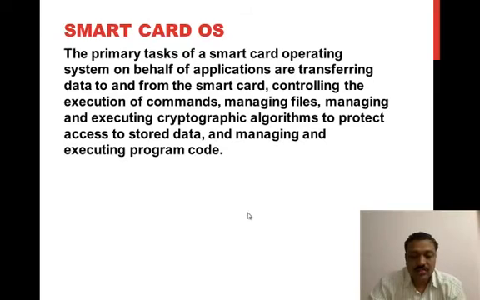So the smart card operating system we have discussed, but the primary task of the smart card operating system on behalf of applications is transferring data to and from the smart card, controlling the execution of different commands, managing the files, managing and executing cryptographic algorithms for security and to protect the data stored in the device, and managing and executing the program code.